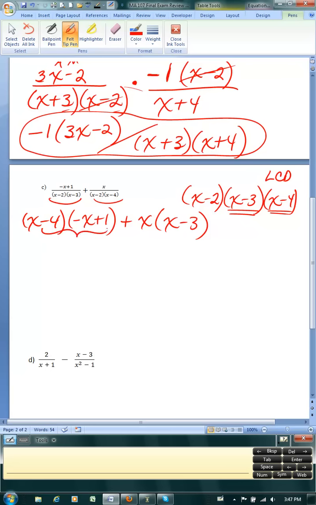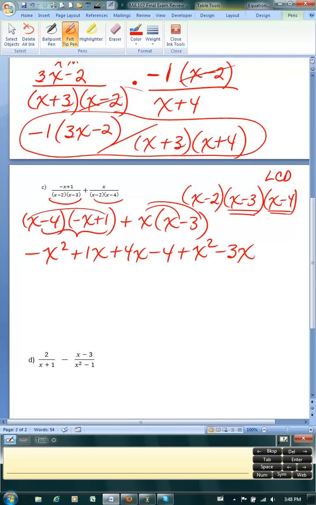I would have from the left x times -x would be -x squared, I'm foiling, plus 1x. Negative times negative is positive 4x, and then -4. If I distribute on the right, I get x squared minus 3x.